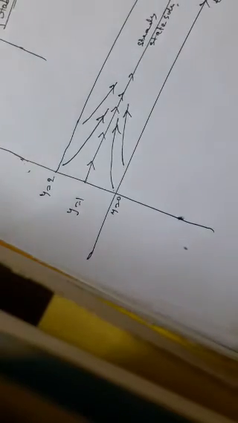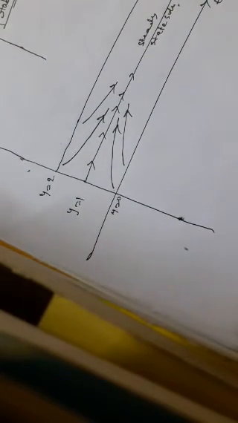Now we consider the outside region. What will happen if we now consider the lower part, the negative part of the y-axis? We have dy/dt is equal to 1 minus y.